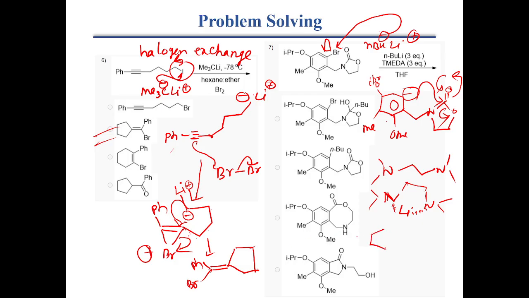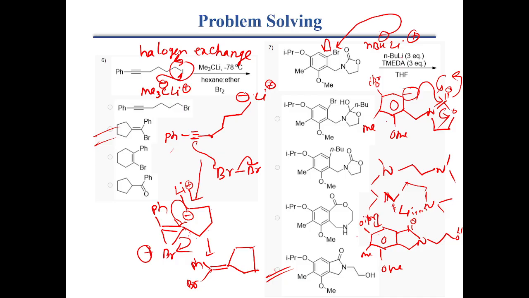So it will pop 1, 2, 3, 4, 5, double bond group, CH2, CH2, OH. Whatever group is there, O isopropyl, methyl, OMe. So this is the right answer.